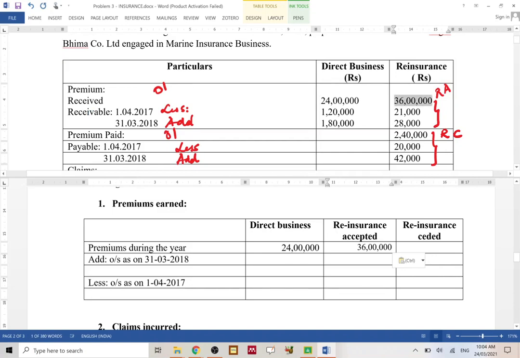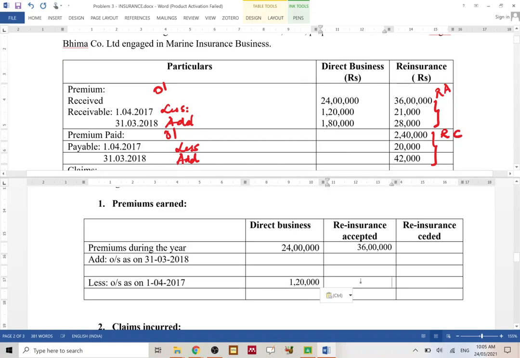Now receivable as of 1st April 2017, which we have to minus, is 1,20,000. I think it's always best to draw out this pro forma of yours and then just substitute figures wherever they go. Okay, so on direct business it is 1,20,000, and on reinsurance accepted last year's outstanding amount is 21,000.